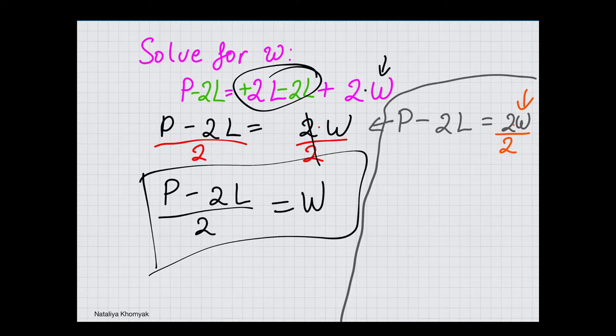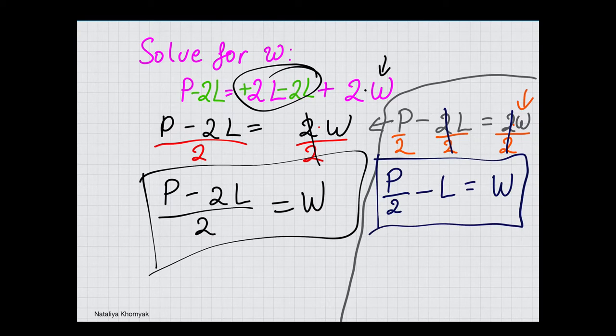But instead of dividing both sides, I am going to divide all terms by 2, which you can do. That will produce P over 2 minus, 2 and 2 will cancel, l equals, 2 and 2 cancel, w. This is also a solution, it just looks a little different.